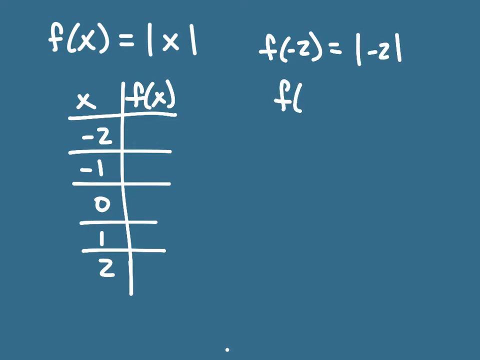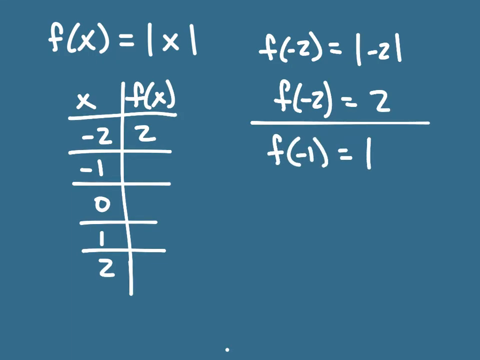The absolute value of -2 is 2. And so that's the point on that graph. Let's plug in -1. The absolute value of -1 is +1, so I'm going to plug that in here.